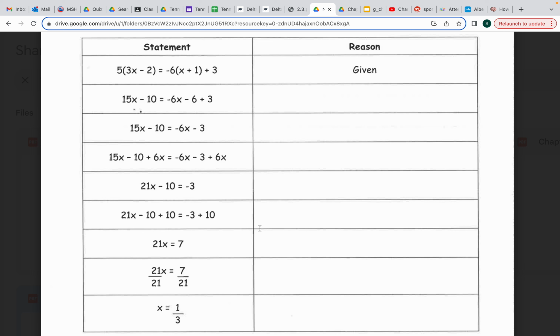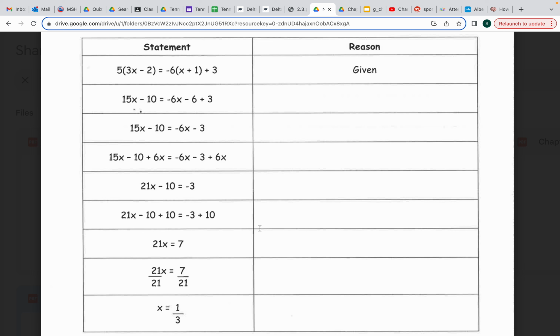Who can tell me what is next? How did we get from this to our 15x minus 10 equals negative 6x minus 6 plus 3? Chandler? Yeah, it did the distributive property. So that's going to be my reason. Distribute, I'm just going to put dist property. Perfect.